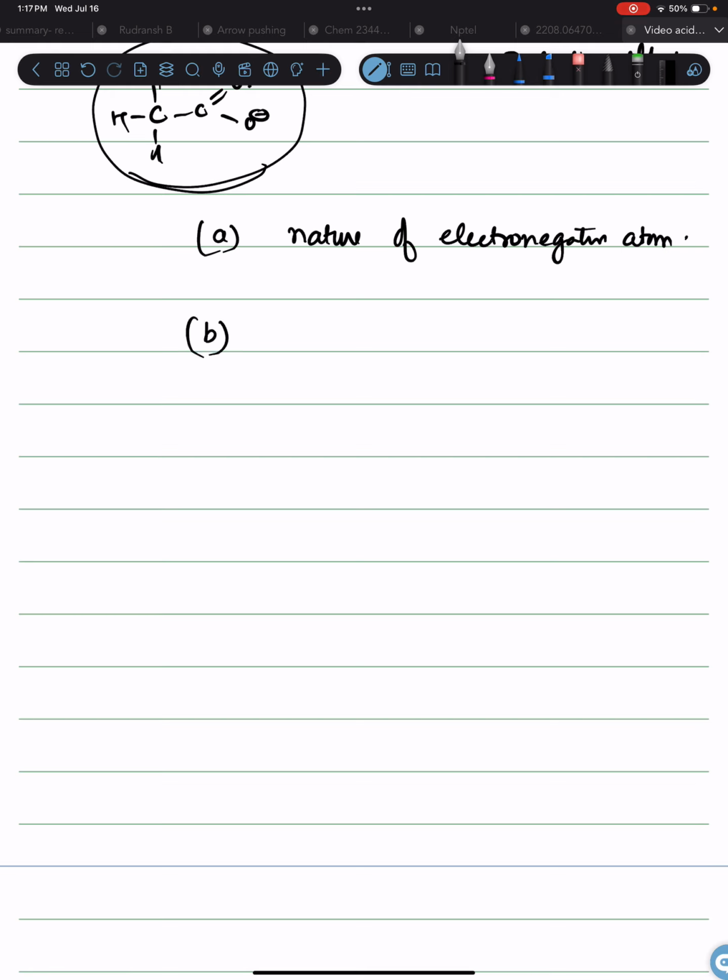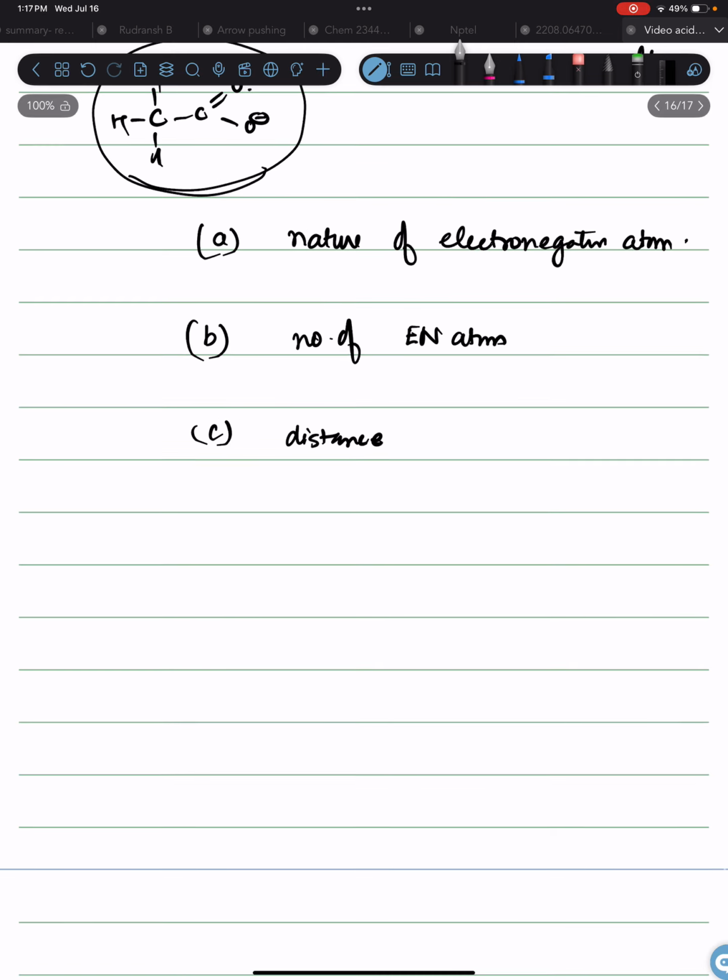Second is their number, how many electronegative atoms are present. Third is their distance from the anionic part, the distance from the negative charge, the negatively charged oxygen.